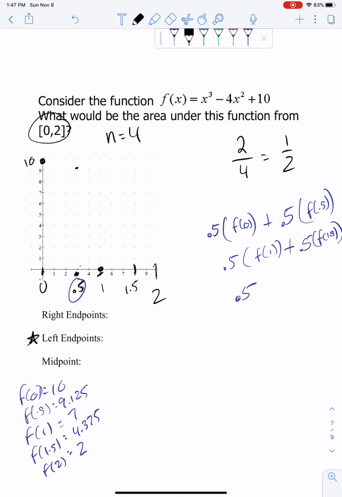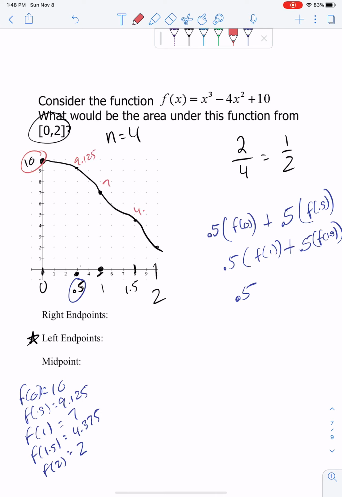At 1, I'm at 7. At 1.5, I'm at 4.375, so just under half. And then at 2, I'm at 2. So my graph looks something like this. I don't know what's going on. But I don't really care because the only thing I care about are these specific values.